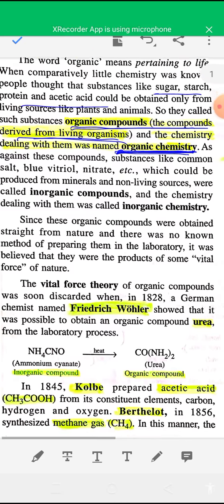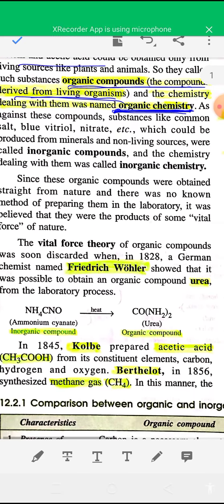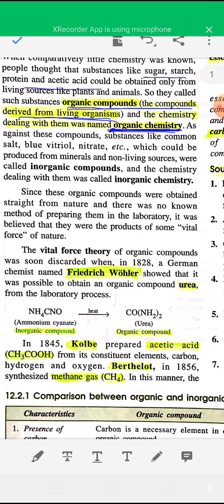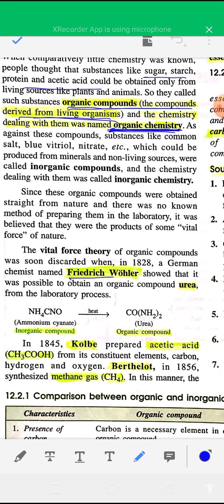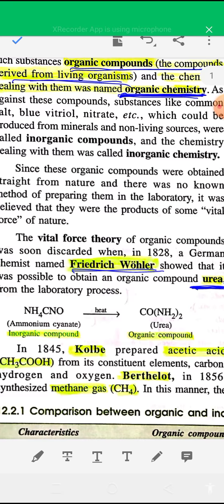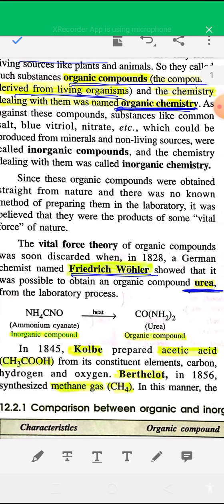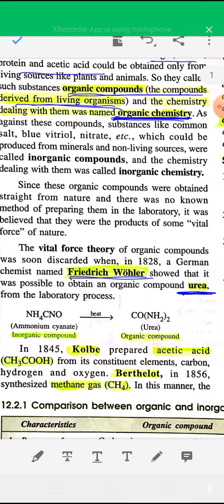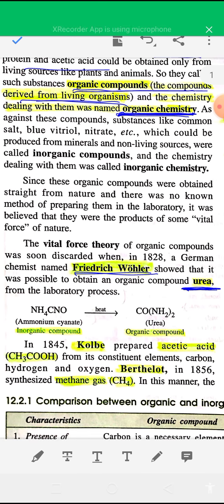The first organic compound prepared in the laboratory was by Friedrich Wöhler. The compound is urea. It is the first laboratory-prepared organic compound, made from ammonium cyanate.